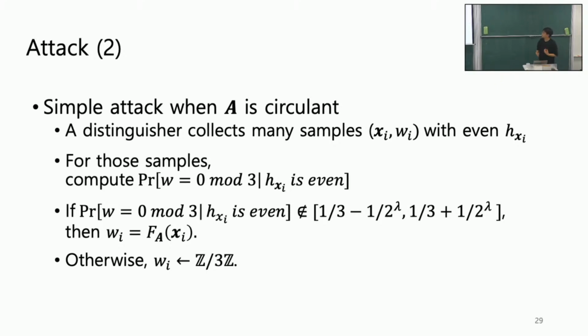If the conditional probability is not contained in this interval, then we conclude that omega I is FA of xi. Otherwise, omega I is sampled from the uniform distribution.